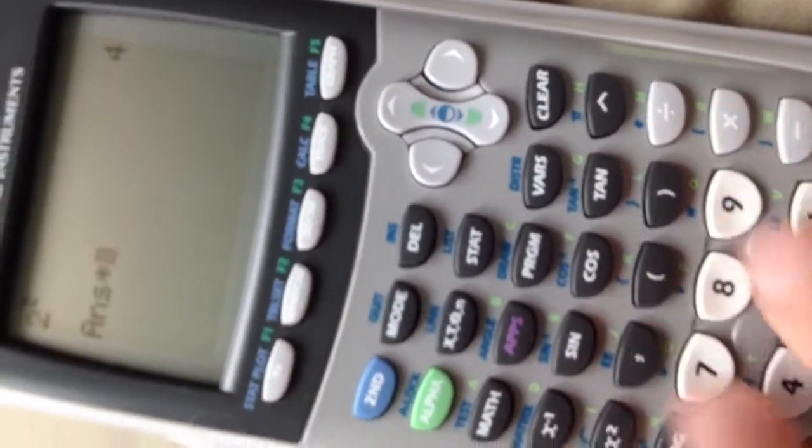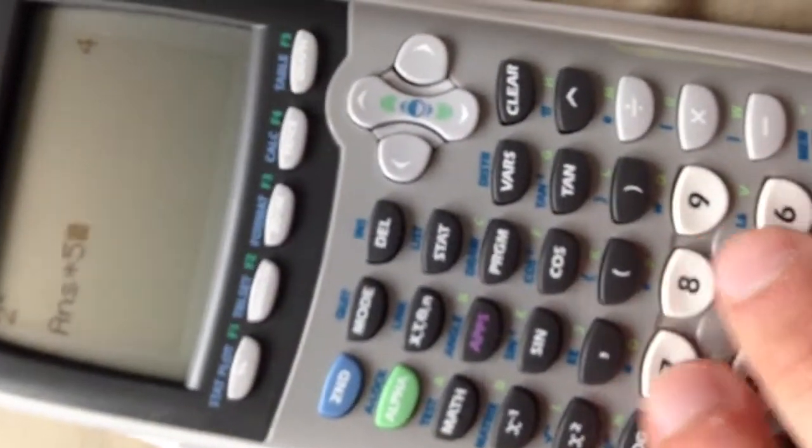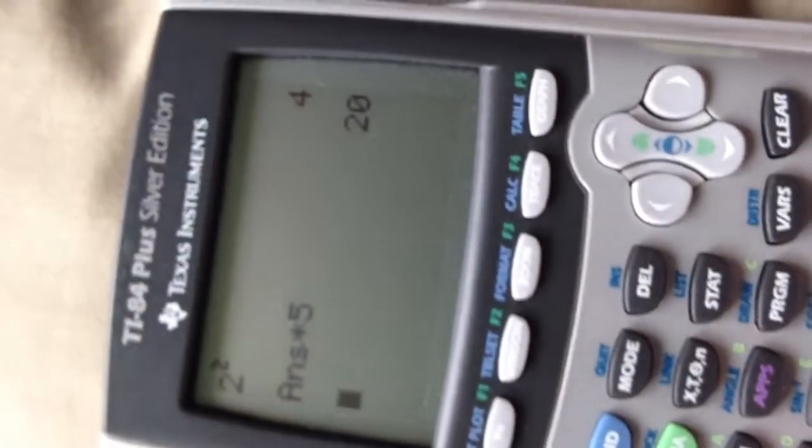Alright, that's one number, and then you have to do times 5. Enter. That'll give you 20. Okay, so we know that the first two numbers are correct, and all we're forgetting here is the x. So you're just going to have to multiply it by x squared, and then multiply that x squared by x to give you a total of x to the third.